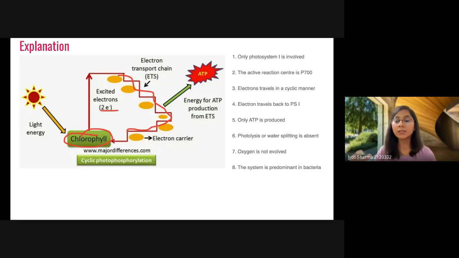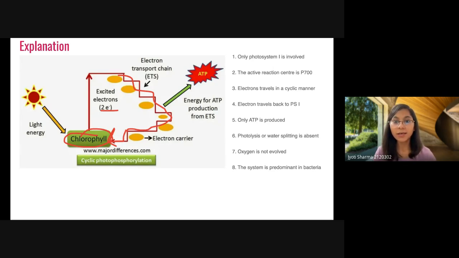But if we are not utilizing this electron, then this electron will go back to the chlorophyll only. So it means this system is not changing an ADP to an ADPH.